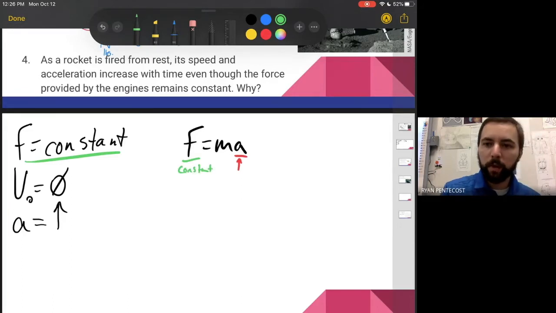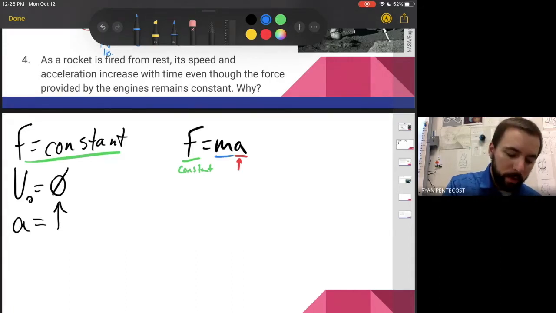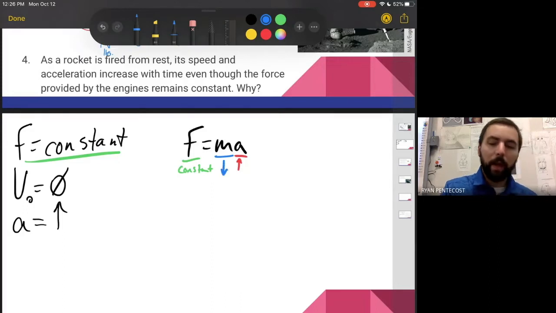So if that force is constant, that means only one thing. To balance this out, mass must be decreasing. And this happens with rockets all the time, right? As they use that fuel to create the force of thrust to cause that acceleration, that fuel is being depleted quickly, and that causes a decrease in mass of the system.